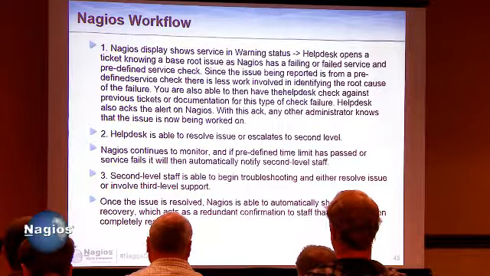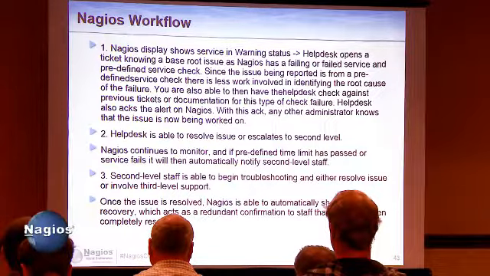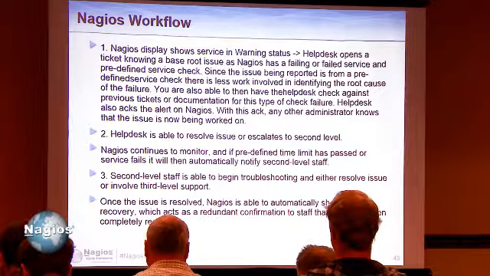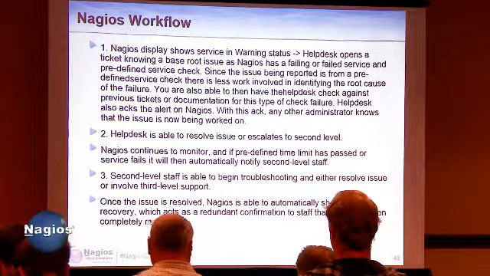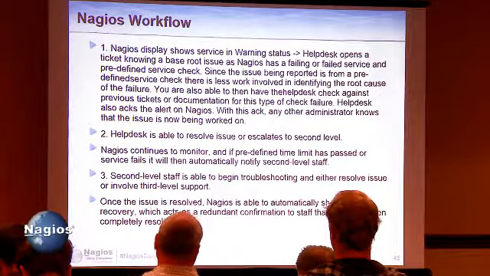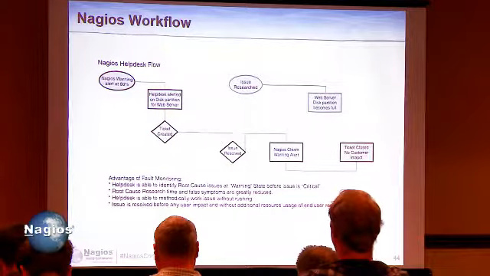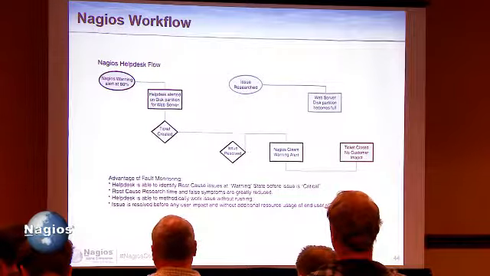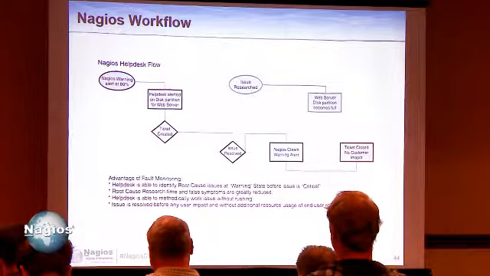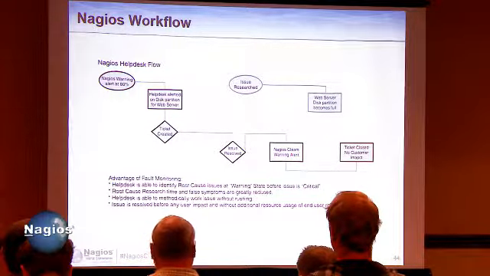I translate this case to the help desk, open the ticket, and know what the root issue is, to help resolve it. Nagios continues to monitor. The second level begins the troubleshooting and either resolves the issue or involves third-level support. In the help desk flow, Nagios warns at 80%, the help desk is alerted about the web server partition, a ticket is created, the issue is resolved, Nagios clears the warning alert, and the ticket is closed.